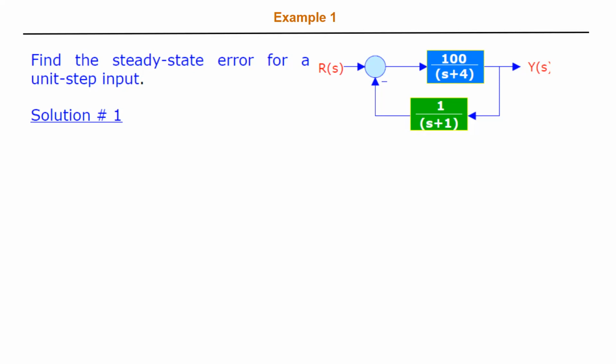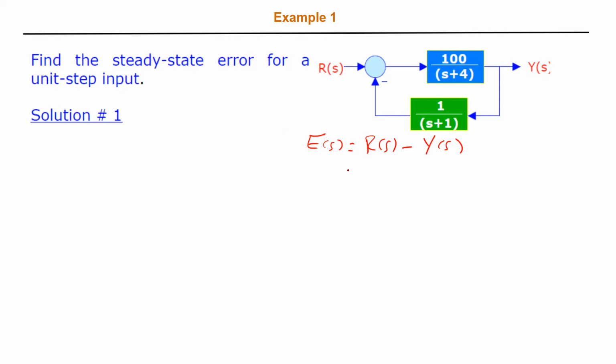Let's try the steady state error. What's E of S? We said E of S equals R of S minus Y of S. This is the error. But I would like to express the error in terms of the input.